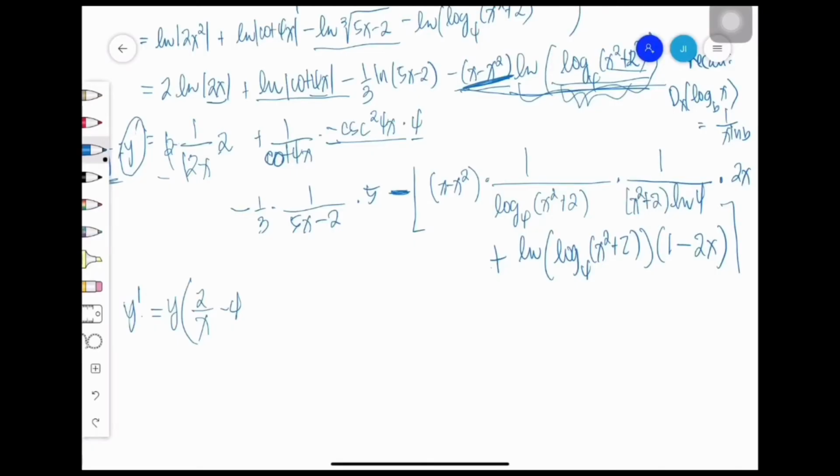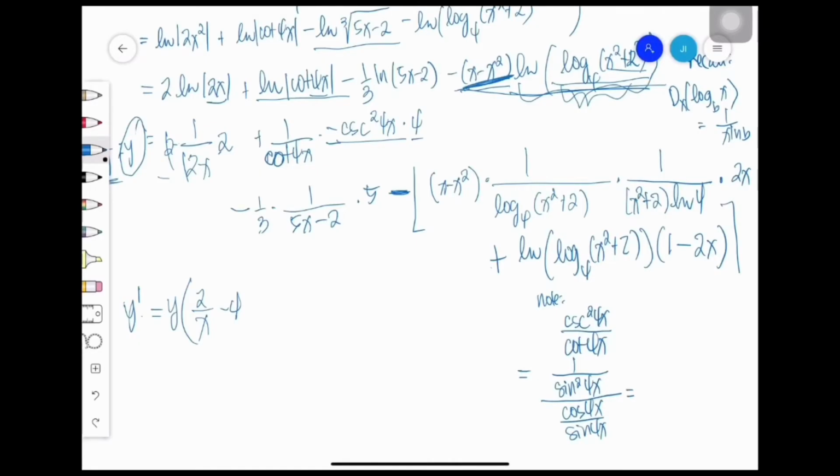Actually, okay na yun, but if you're so OC about simplifying everything, cosecant squared 4x over cotangent 4x is equal to, by fundamental identities in trigo, by reciprocal identities, cosecant squared is 1 over sine squared 4x, all over cotangent 4x, which is cosine 4x over sine 4x.